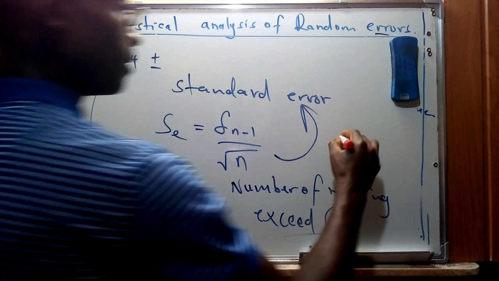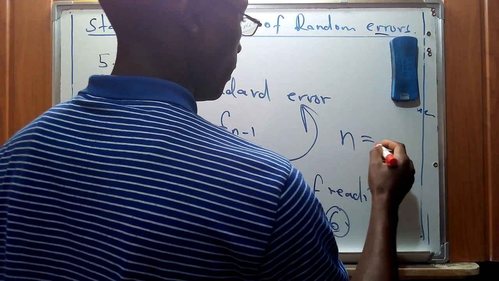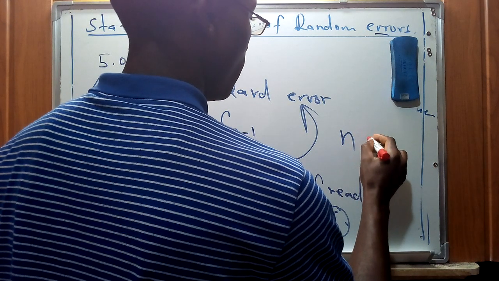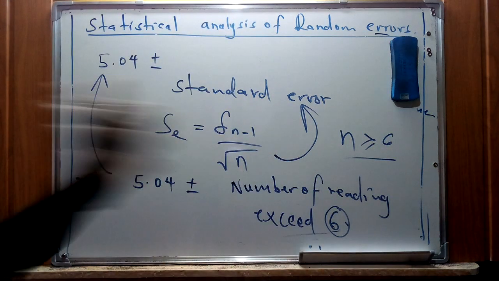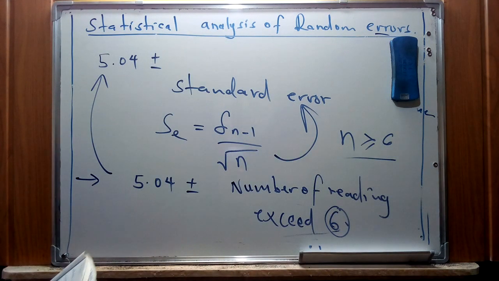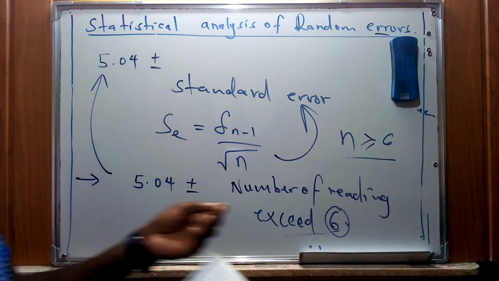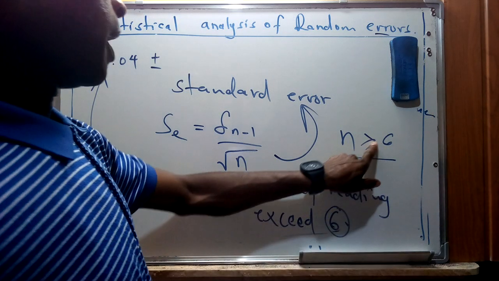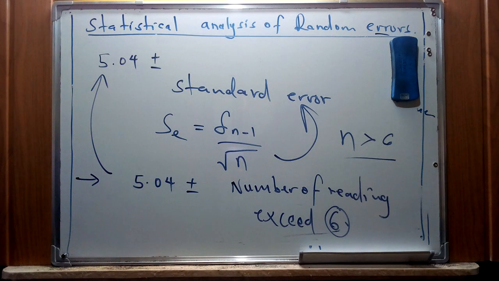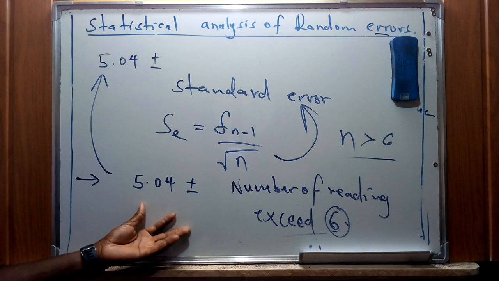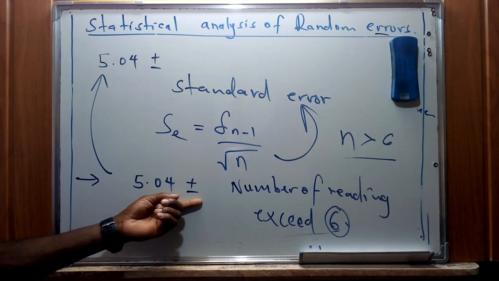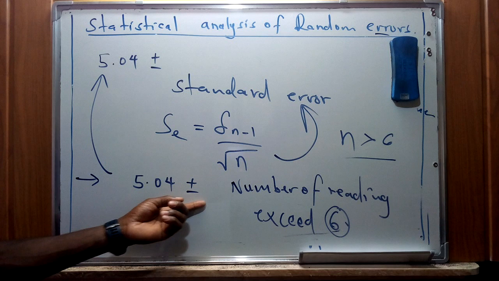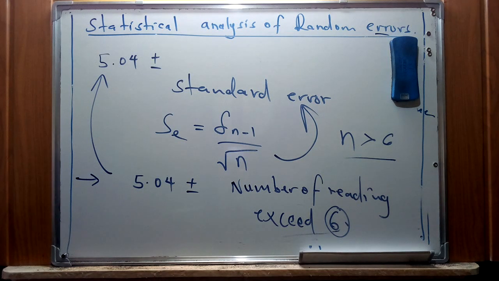So for n greater than 6, perhaps let's just give that condition for now. If the number exceeds 6, then we're going to use this particular expression for the standard error, given as an approximation of a positive or negative standard error.